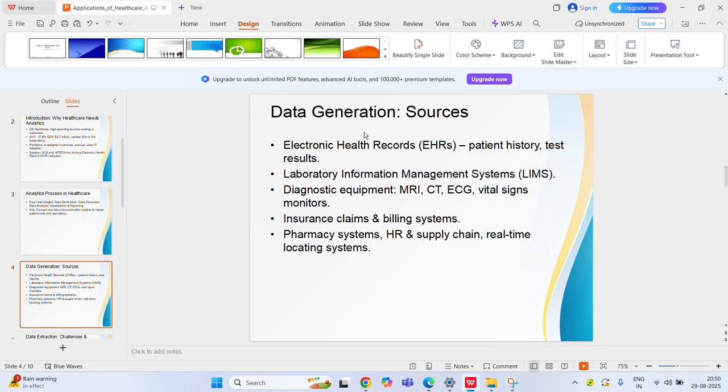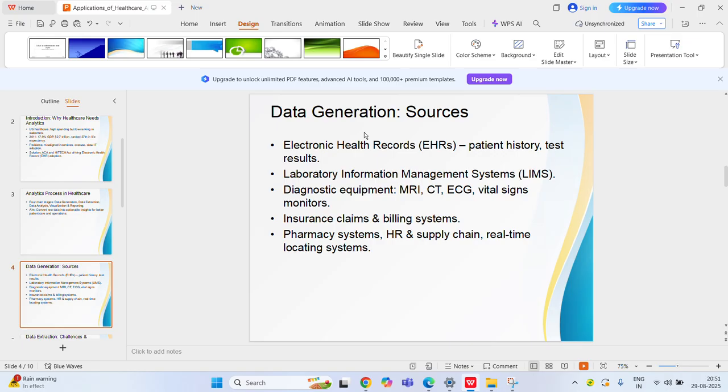Others may produce images or other raw data that can be used for analytical purposes, like radiology picture archiving and communication systems, for improving management of these imaging databases.